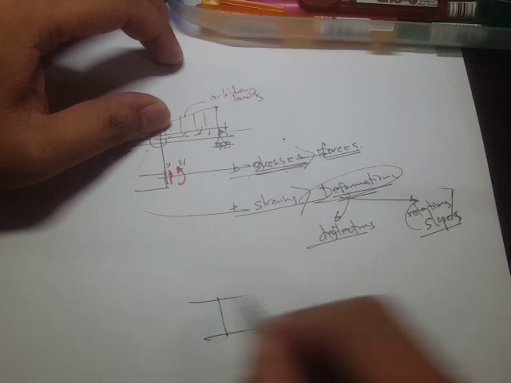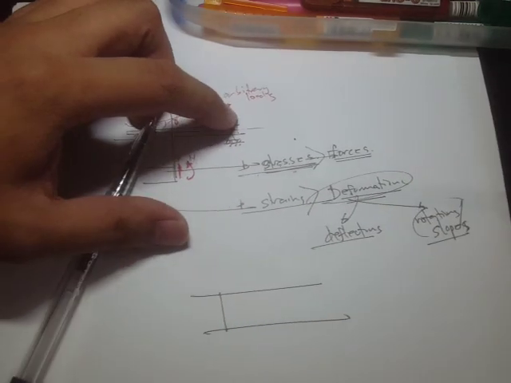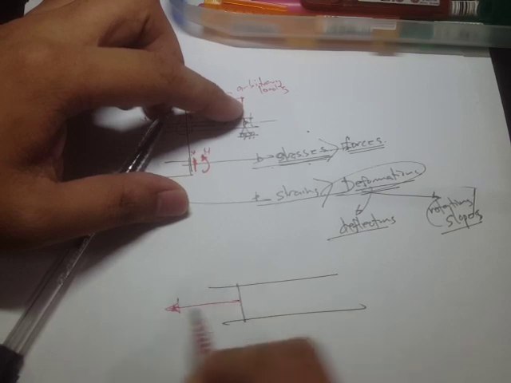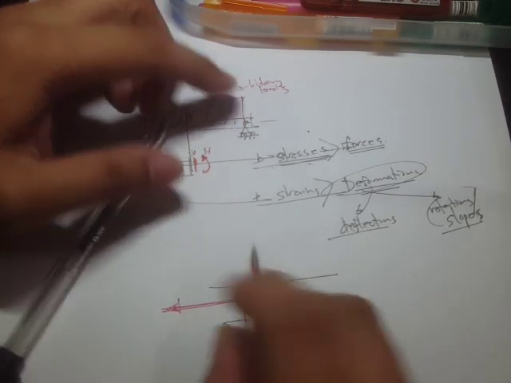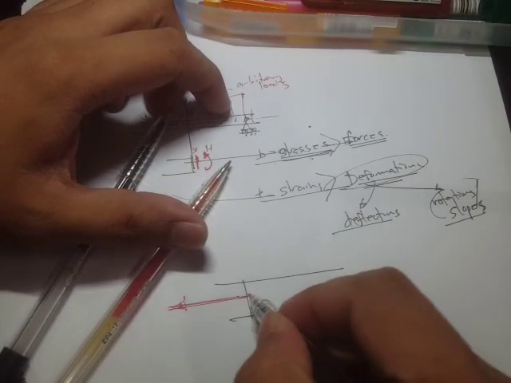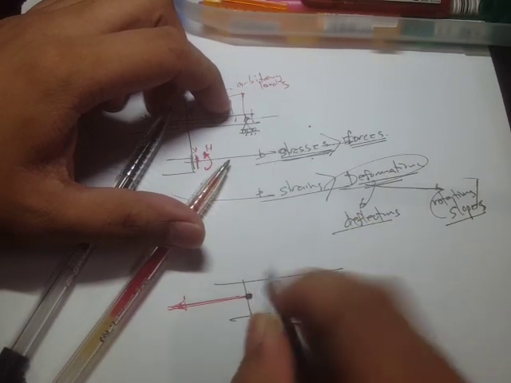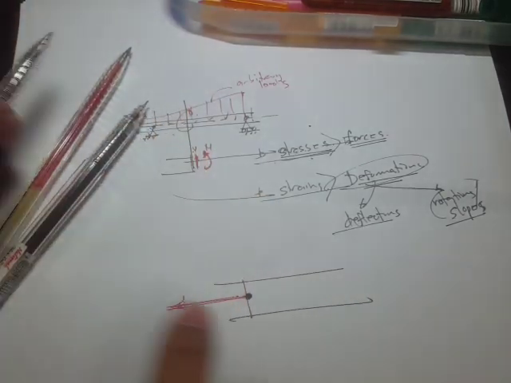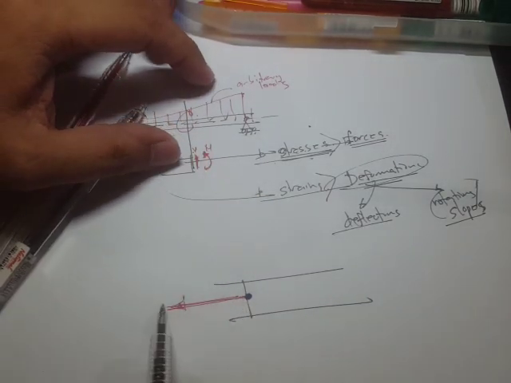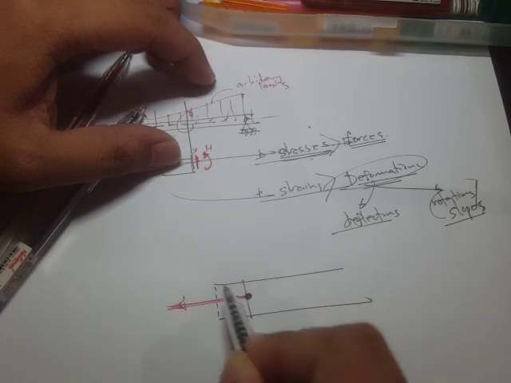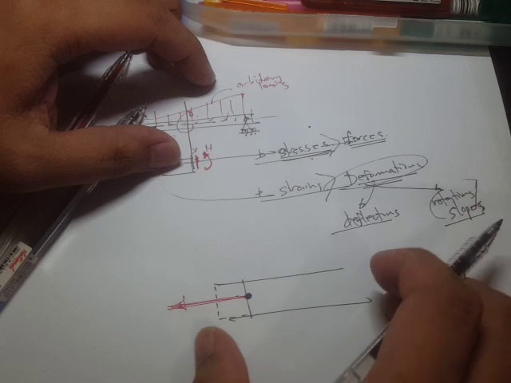So recall that in an axially loaded member, if you have this member loaded in tension, and we are referring to this point right here, let's say this is our point of consideration, because of this tensile force there's going to be extension of the geometry.